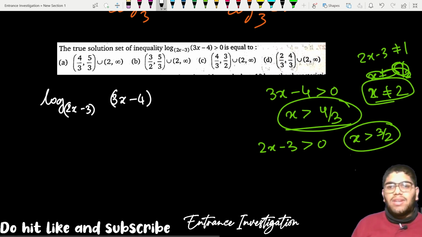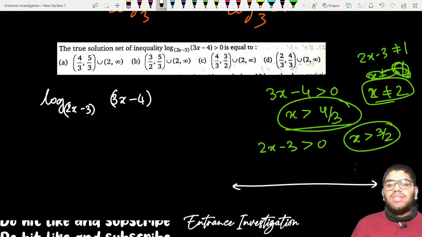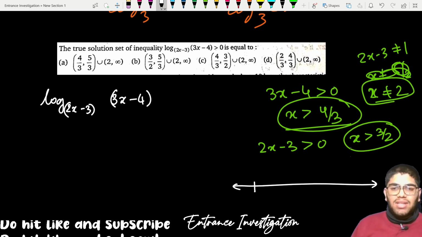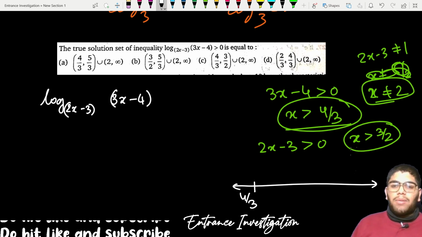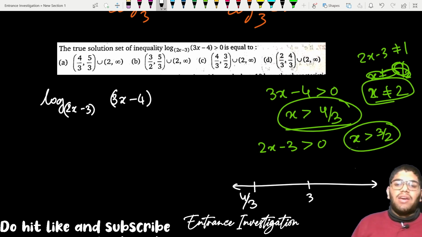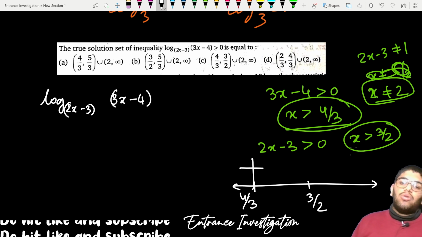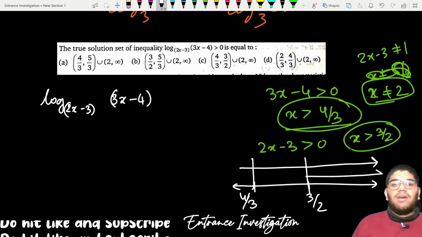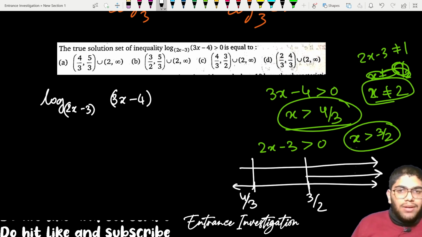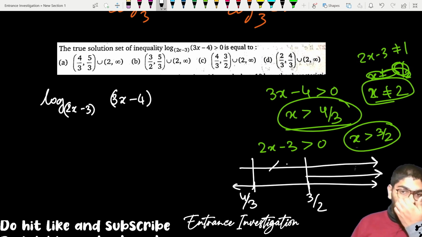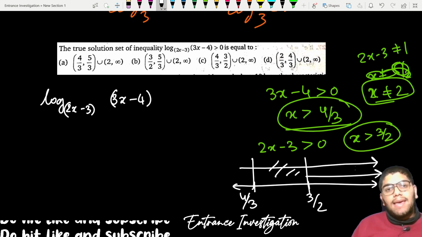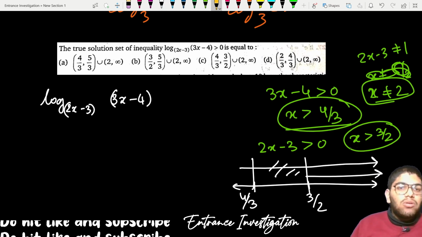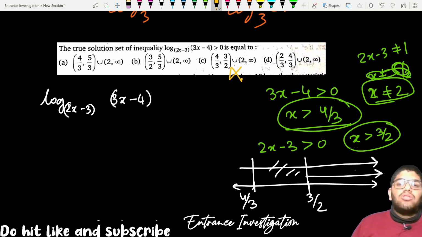So from the definition I can simply say that for both, because both of them have to exist simultaneously, I would write 4/3. 4/3 is 1.33, and I would write 3/2. कोई नंबर 4/3 से भी बड़ा है और कोई नंबर 3/2 से भी बड़ा है, तो ऑटोमेटिकली उसे 3/2 से बड़ा होना पड़ेगा. ये वाले सारे सॉल्यूशंस हट जाएंगे पहले ही, क्योंकि ये डेफिनेशन में ही नहीं है. तो 4/3 से 3/2 वाले सॉल्यूशंस एक्चुअली हट चुके हैं.